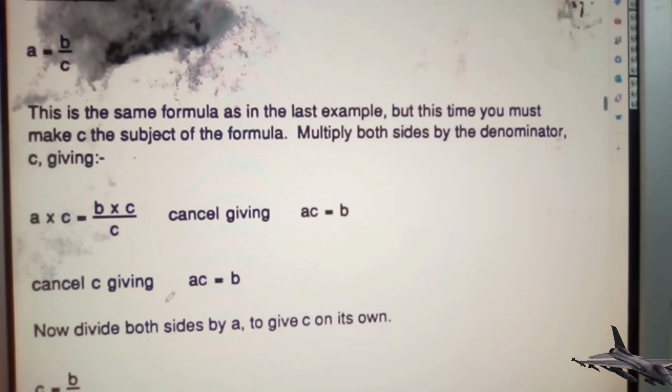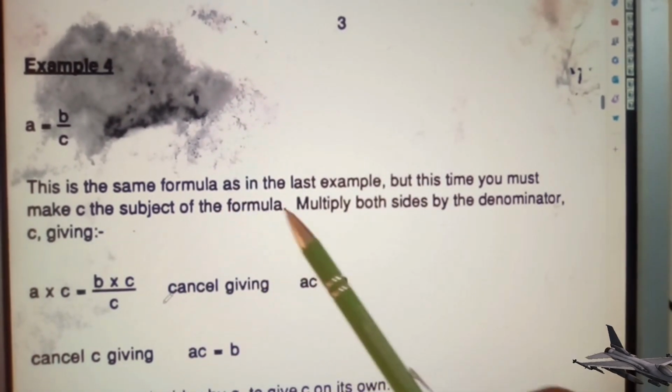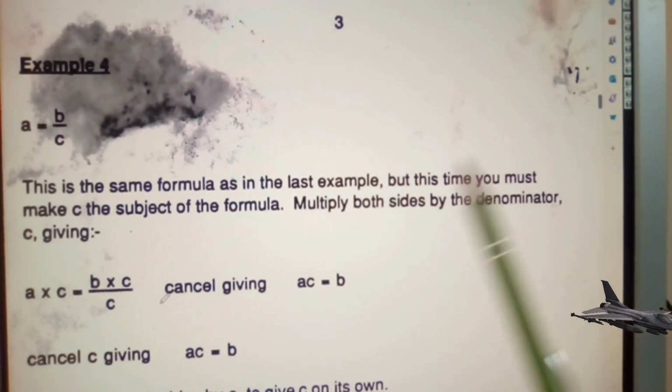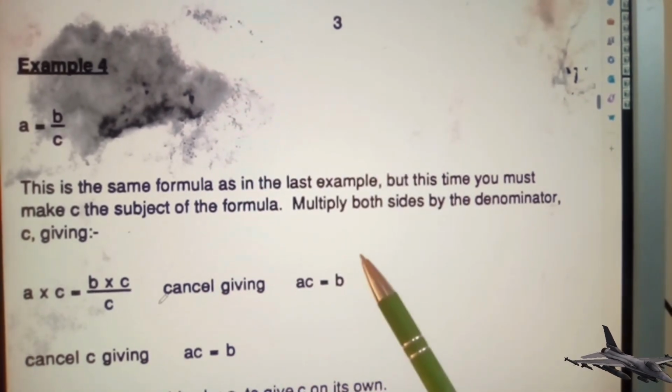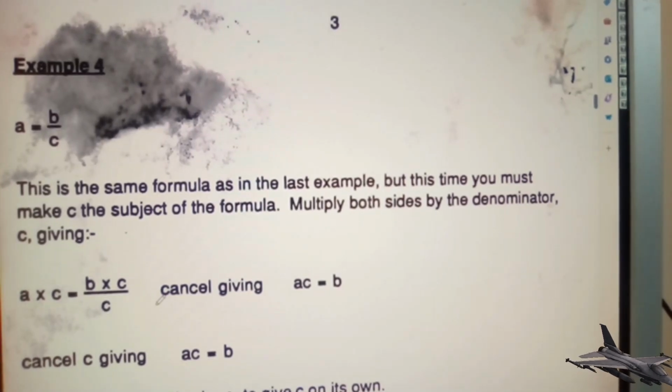Example 4. A equals b over c. This is the same formula as in the last example, but this time you must make c the subject of the formula. Multiply both sides by the denominator again, and you have ac equals b.